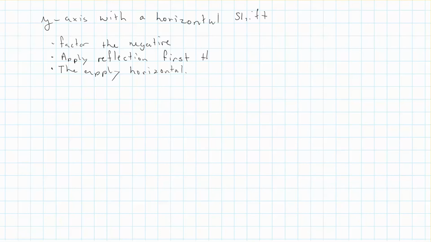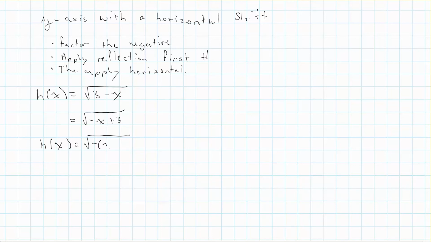So as an example here, let's look at the function h at x equals the square root of 3 minus x. So we're going to do a little bit of work here to start off. This would be the square root of negative x plus 3. So there's definitely reflection going across the y-axis because the negative is inside the parent function being square root of x. But then I'm going to write this as factoring a negative out, h at x is equal to the square root of negative x minus 3.